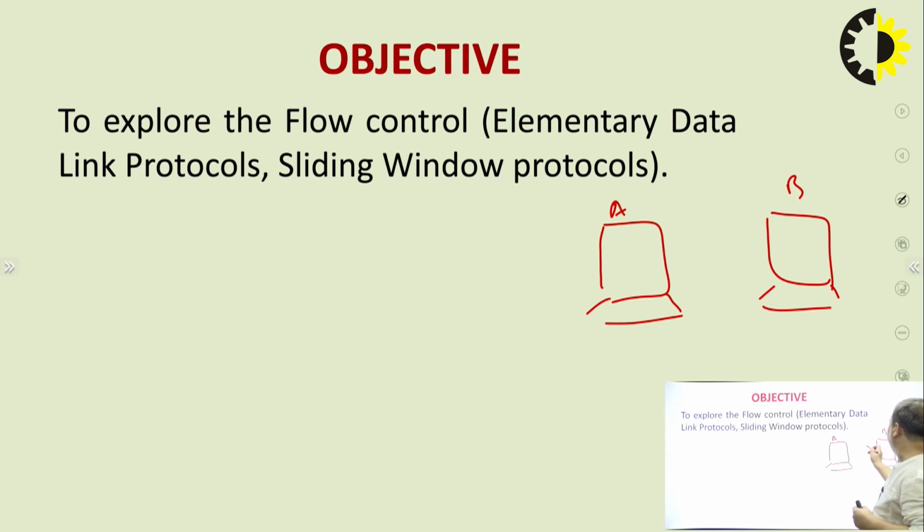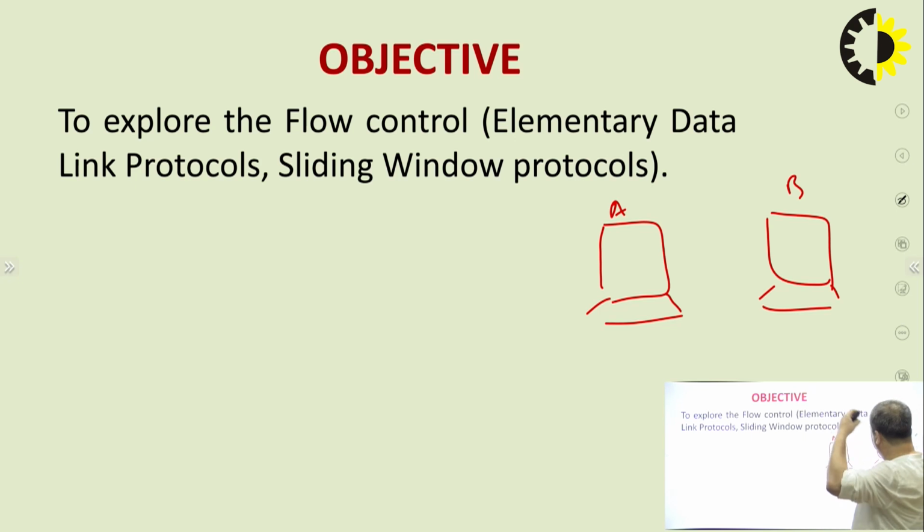B will receive so many packets and would discard them, because A has more speed and B has less speed to receive the packets, frames or data.